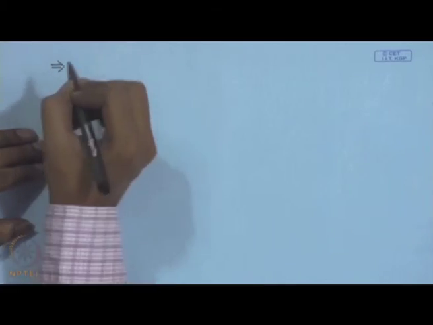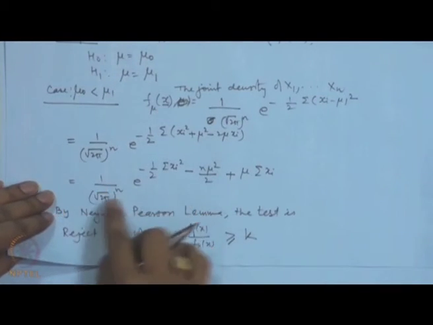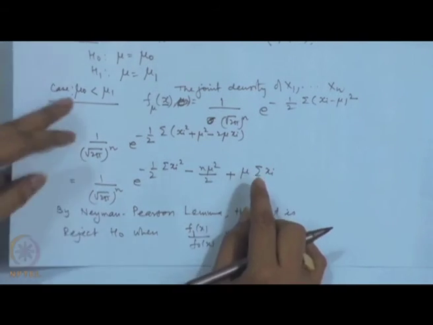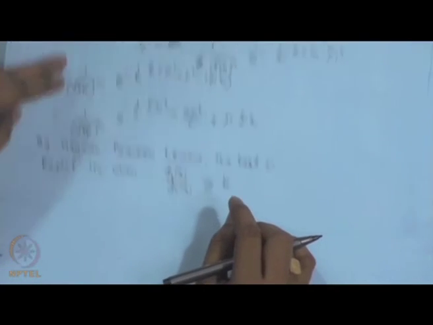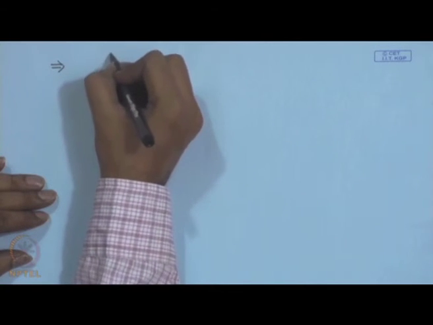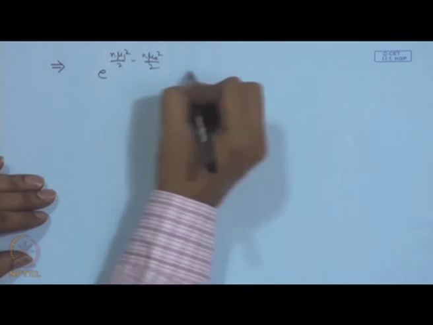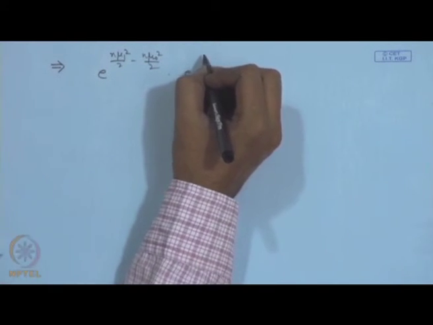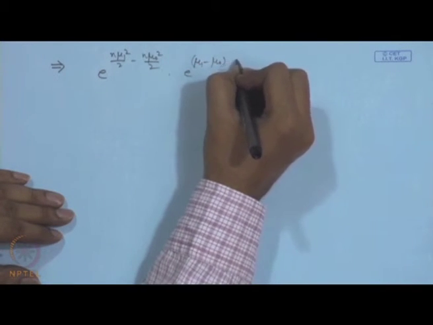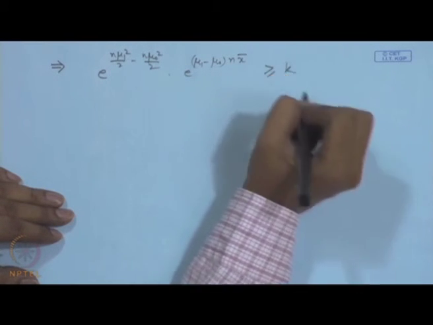So, this condition is equivalent to, now here we are having f1, here mu 1 is coming and in f naught we have mu naught. So, when we write the ratio, these terms get cancelled out. We are getting e to the power n mu 1 squared by 2 minus n mu naught squared by 2, times e to the power mu 1 minus mu naught sigma x_i, which we can write as n x bar, greater than or equal to k.